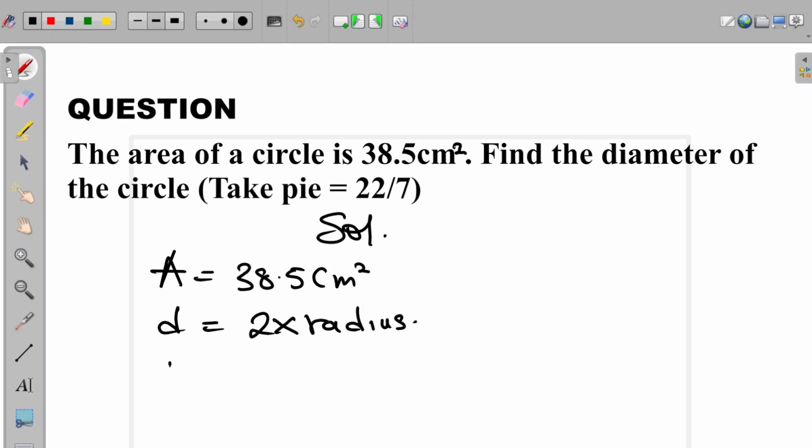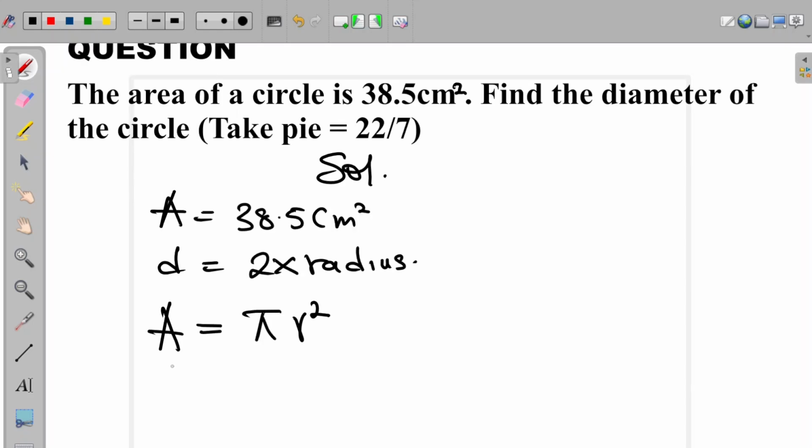But recall that the area of a circle is given as pi r squared. Thus, we have that the area, 38.5, is equal to 22 divided by 7 times r squared.